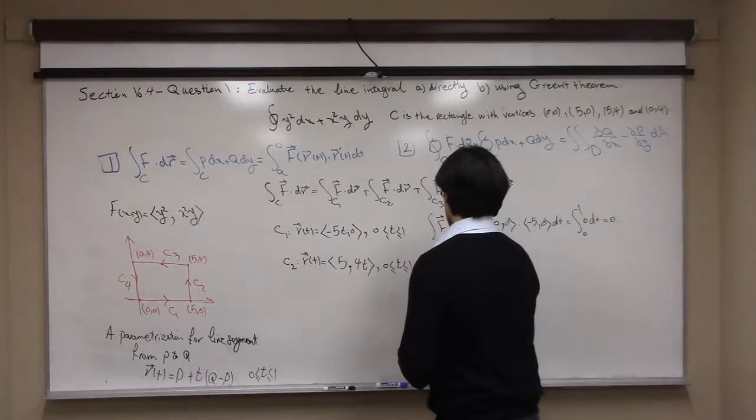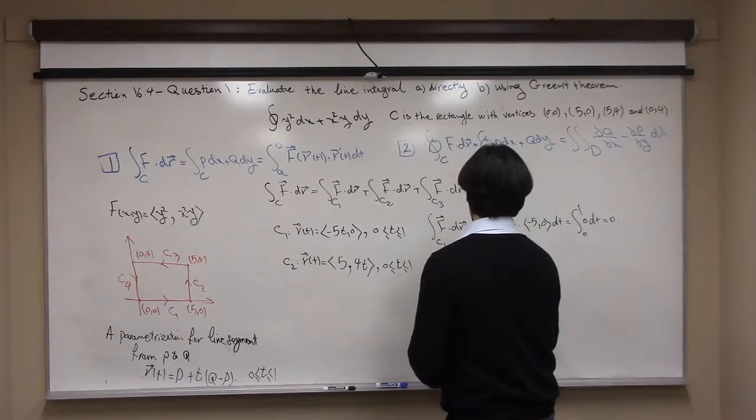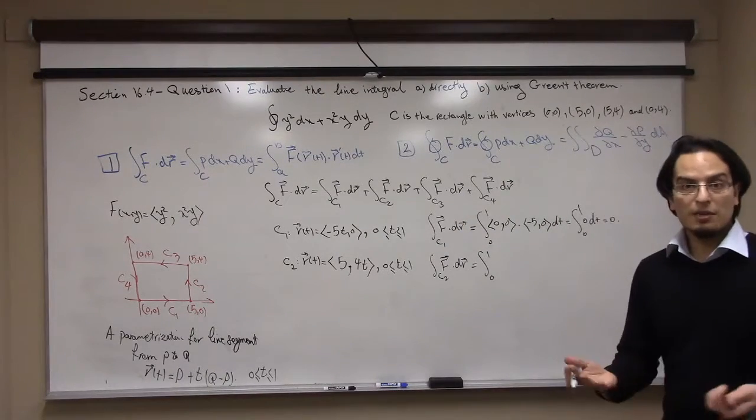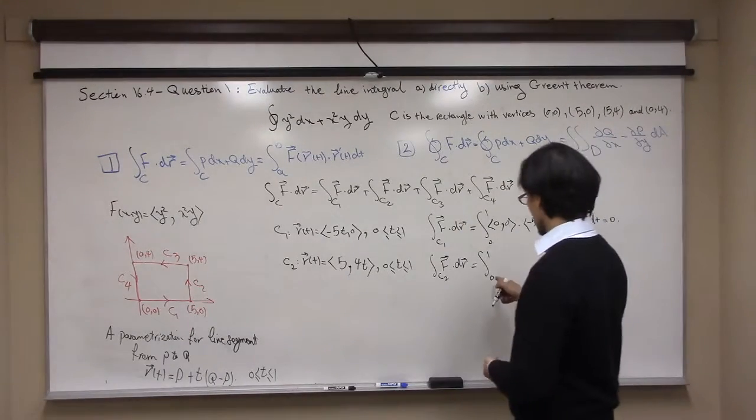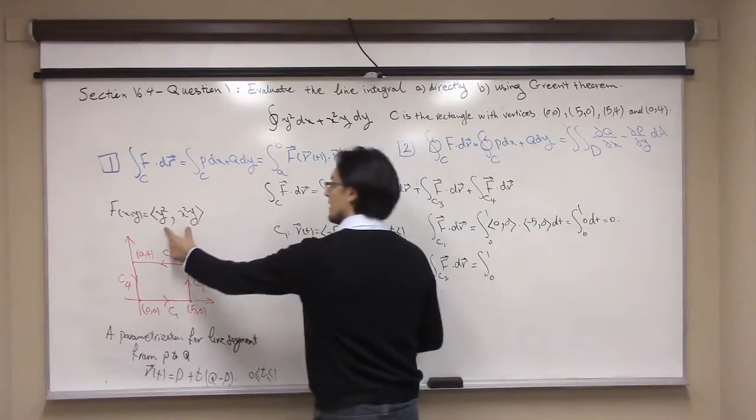And now my line integral along this one. Write everything in the parameter t, so it goes from 0 to 1. Plug this into your vector field.